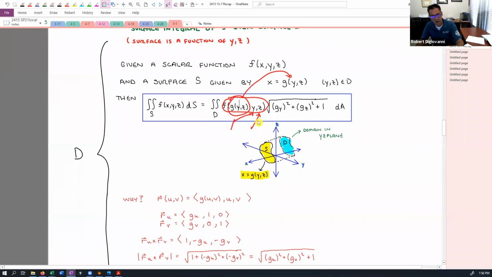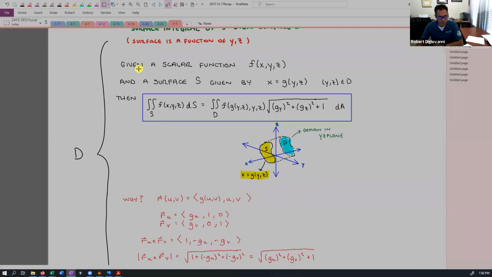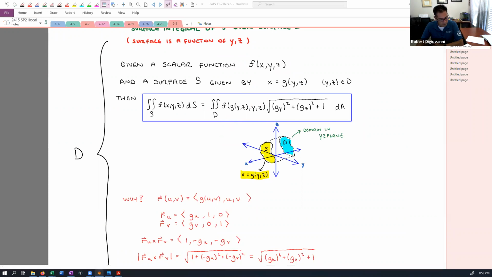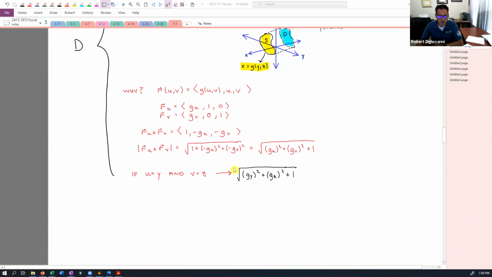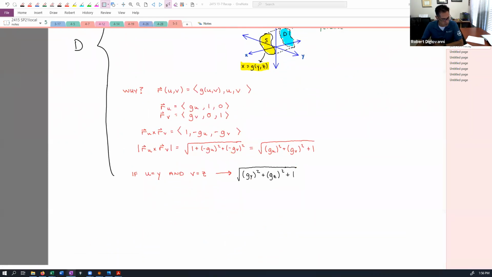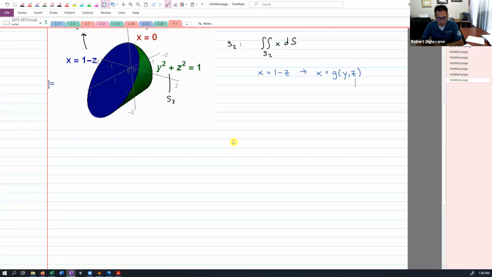Formula D said that if you have X as some function of Y and Z, then you can use this right here. By the way, all this stuff down here is just proving why it is what it is. You don't need to worry about that. Okay, so that means I can use this.